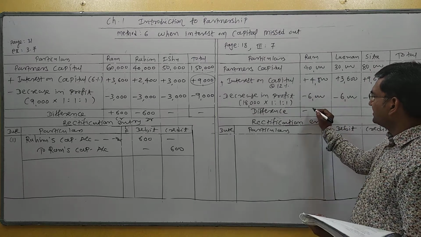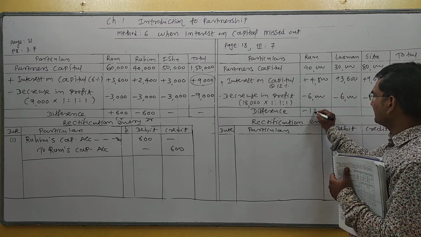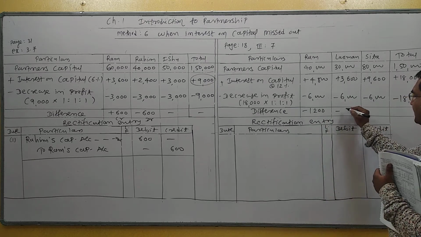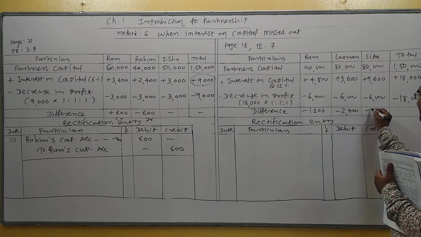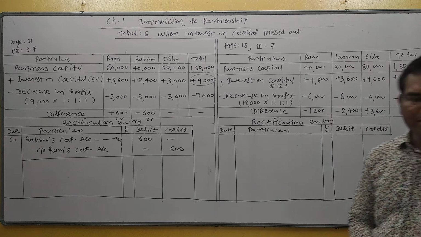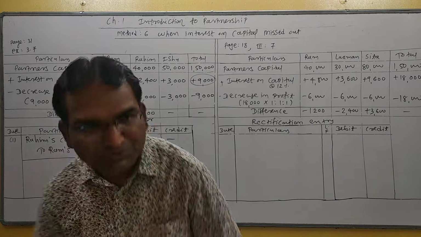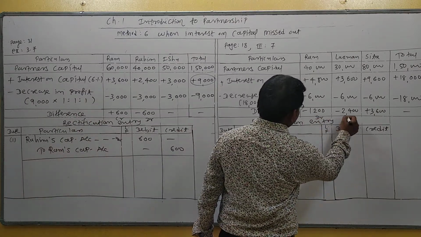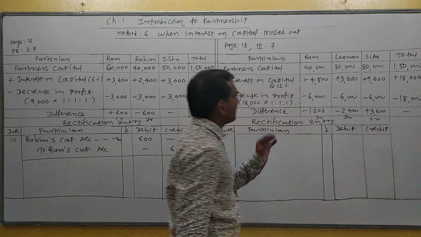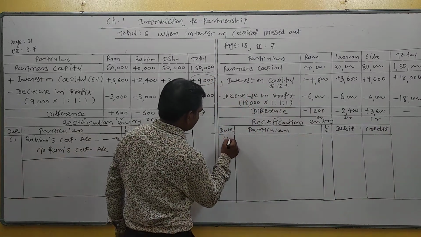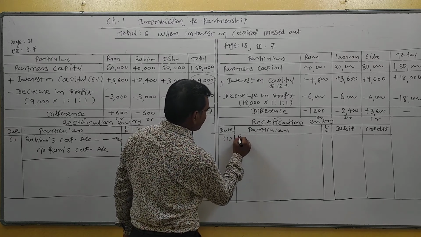First partner minus 1,200, second partner minus 2,400, and third partner plus 3,600. So you can see that two partners have minus profit. Minus means debit, meaning Ram debit, Lakshman debit, to Sita's capital account. So the journal entry, the rectification entry.